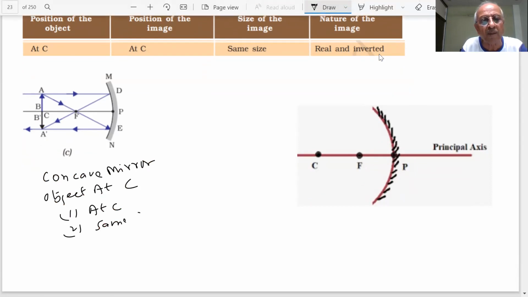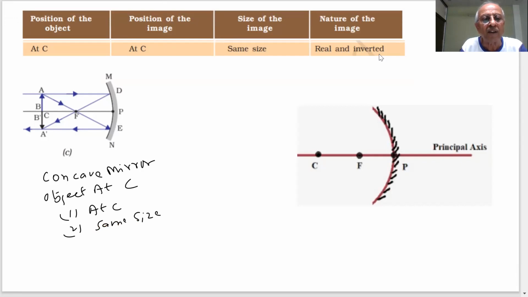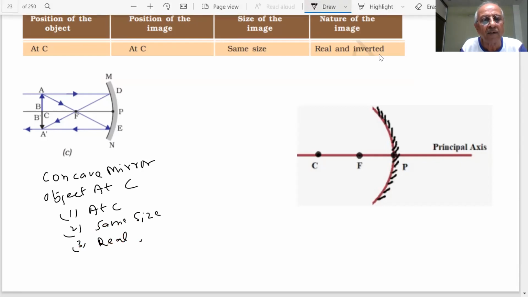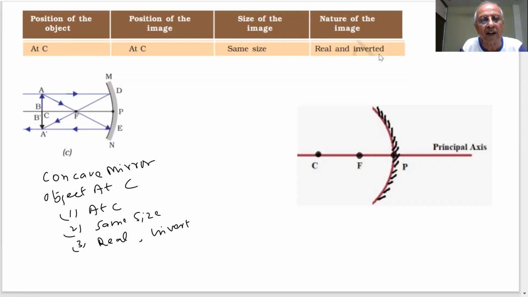Such questions are asked in multiple choice questions also: which mirror will form a same-size image at the same point, real and inverted? You get a real and inverted image when you put an object at the center of curvature in front of a concave mirror. This point is important. Such questions will be asked in the paper. Note down. Noted?